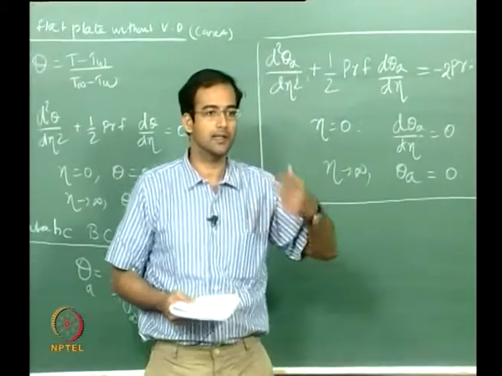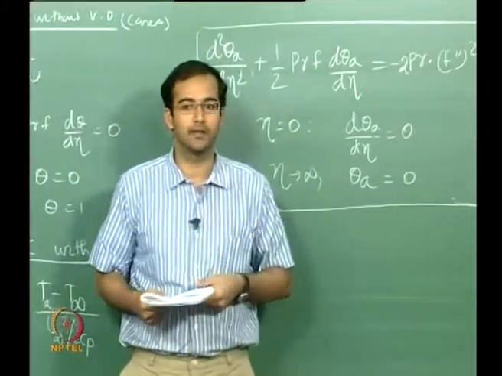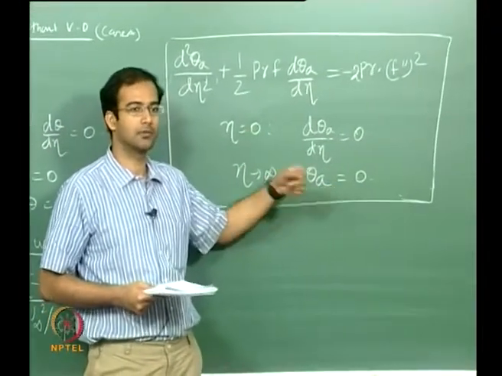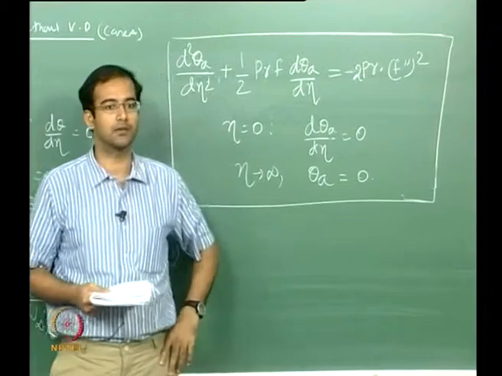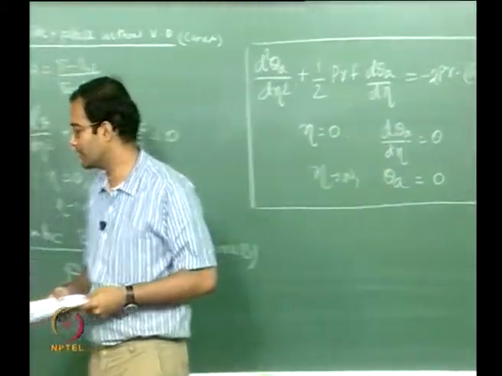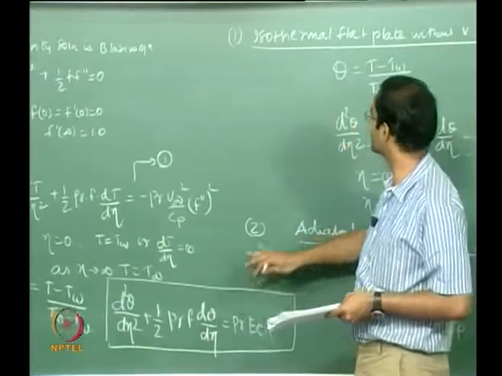This is the other way of doing the guesswork, so you keep guessing the value of theta at eta equal to 0 so that you match this condition. Anyway, you can solve this problem by the shooting method.